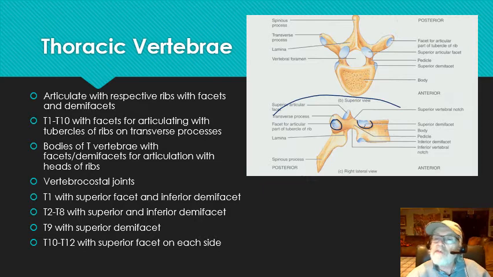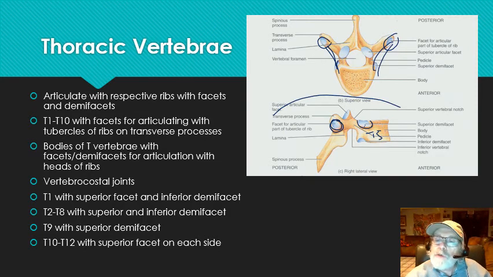Demi means half. Let's say this is T5. The fifth rib would attach right there, and the tubercle of the fifth rib will attach at that transverse process. So the rib is going to be coming like that.